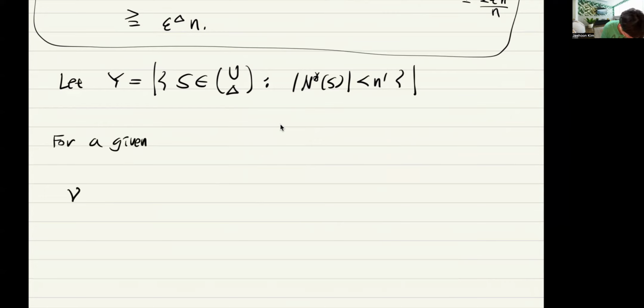Let's say that's U. How do you compute it?